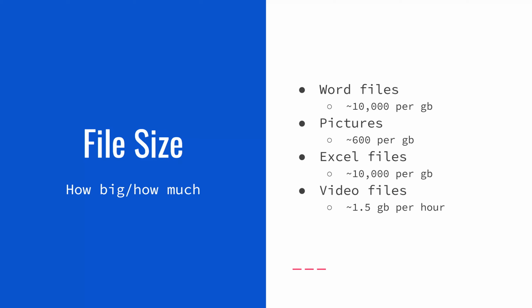The real reason why you would need to pay for those higher end tiers is because of pictures and videos. Pictures, you get about 600 per gigabyte if the picture is compressed, and video files, if it's 1080p, so if it's HD, you'll get about 1.5 gigabytes of video per hour.